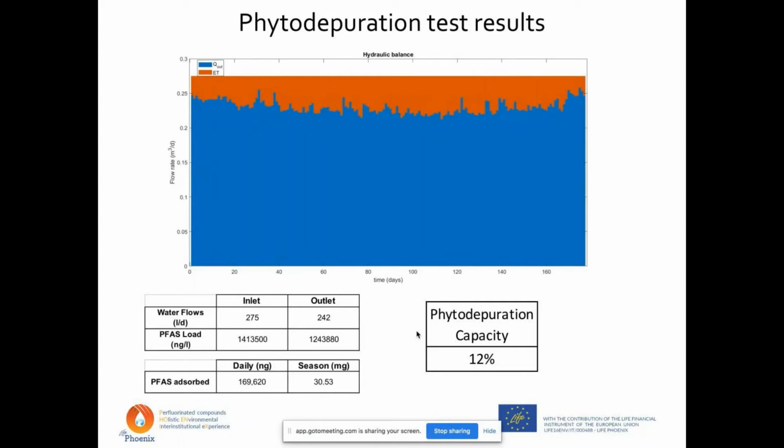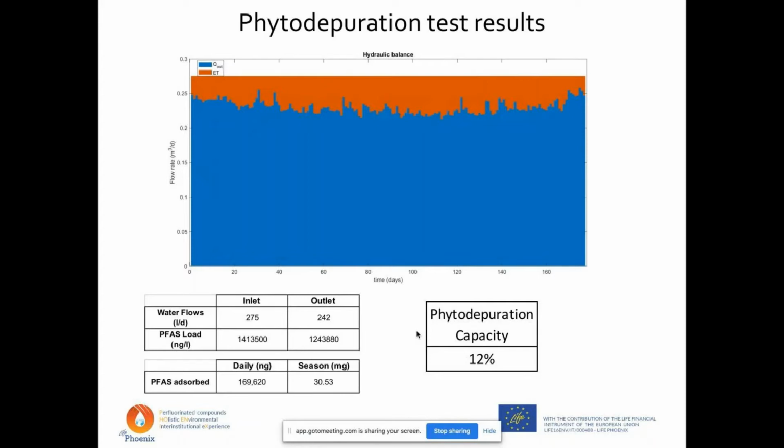So it's a very small system, but it works very well. And it has a mean phytodepuration capacity of 12%. It means that for every 100 nanograms of PFAS that enters the system, it is able to store 12 nanograms each day.